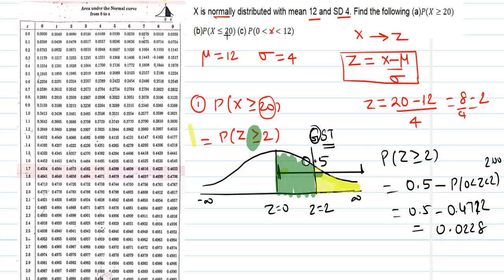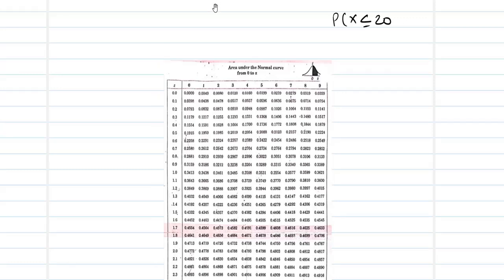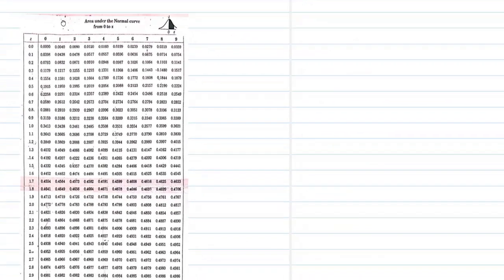Now for the second region, x less than or equal to 20. So we want probability of x less than or equal to 20. So now what we will do is, we will have our table fixed over here.